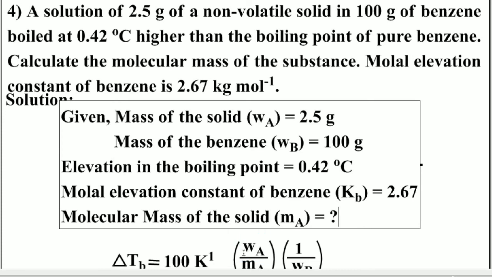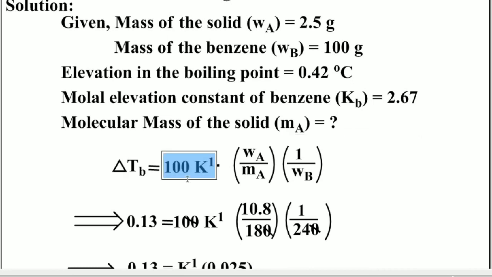So students, we know from video module 11 that the elevation in the boiling point delta TB is equal to 1000 into Kb into WA by MA into 1 by WB.